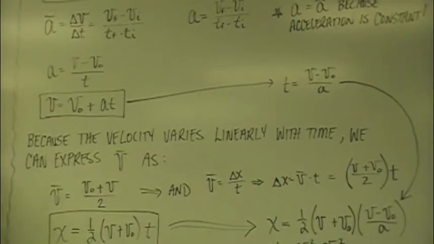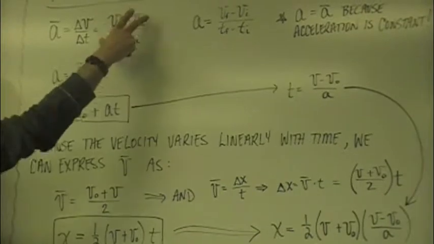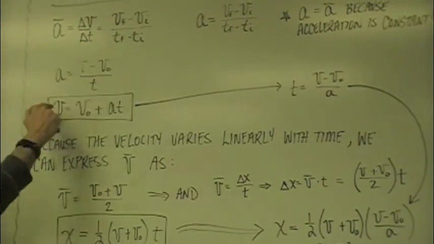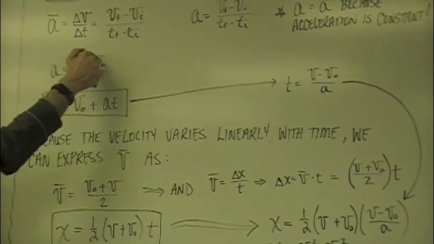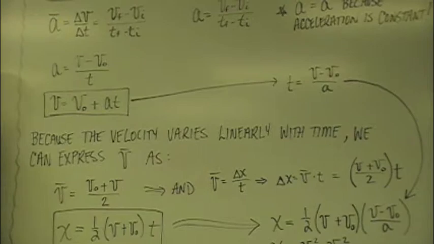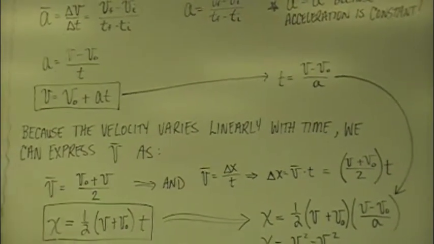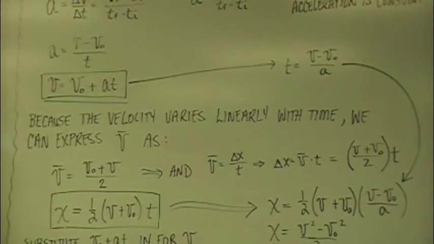Okay? So I rewrite this to say acceleration equals V minus V naught over T. And then we're going to manipulate this algebraically to solve for V. So we multiply by T, we get AT, and then we add V naught to both sides, and we come up with our first kinematic equation that we're going to use quite a bit, this one right here: V equals V naught plus AT.